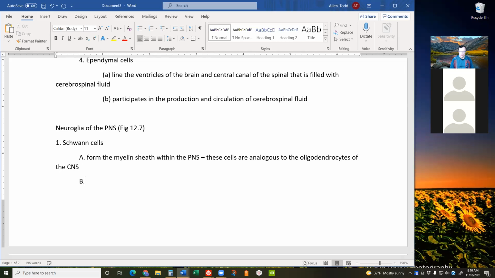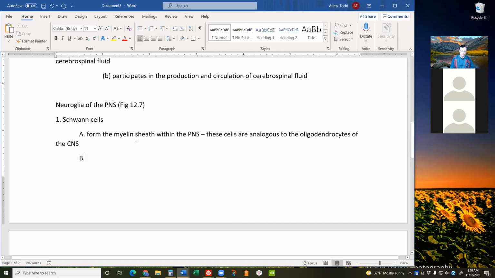Okay, so Schwann cells, they do a number of things. What I will say is this, that Schwann cells have been shown to help regenerate damaged regions of axons.